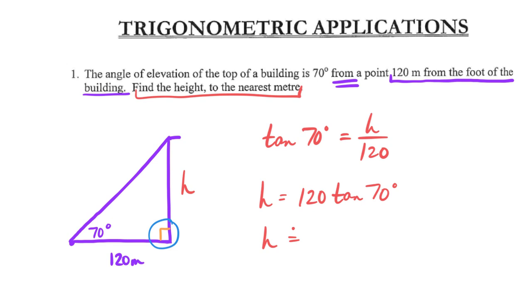My calculation would put me at like 329.67. Since I'm going to round it to the nearest meter, there I go, 330 meters approximately. Make sure you have your approximate symbol. Make sure you have your units on there. And there we go. Okay, hopefully not too bad for the first application. And we can kind of see where we're going for the day. Okay, let's jump into the next problem.